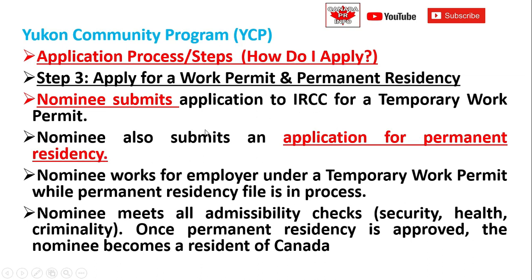You can work with an employer under a temporary work permit while your permanent residency file is in process. To get Canada PR, you need to pass various admissibility factors such as security, health and criminality. And once your file is approved, you become a resident of Canada.